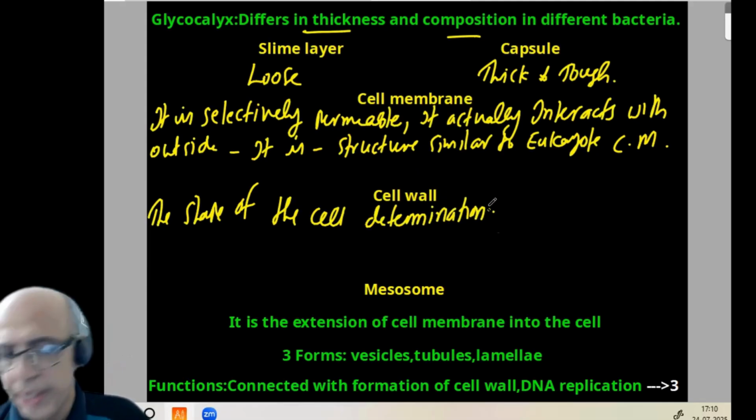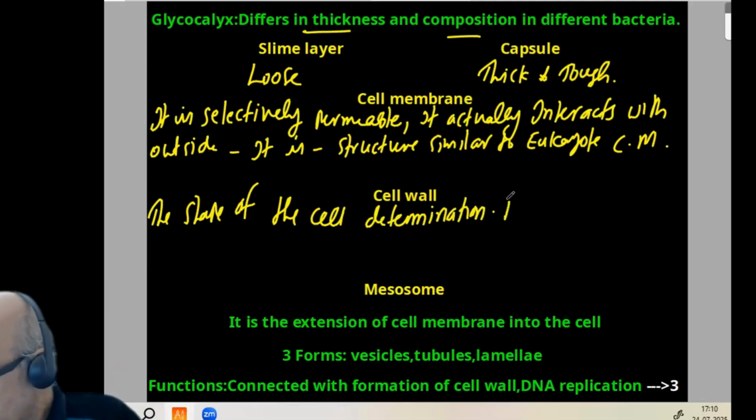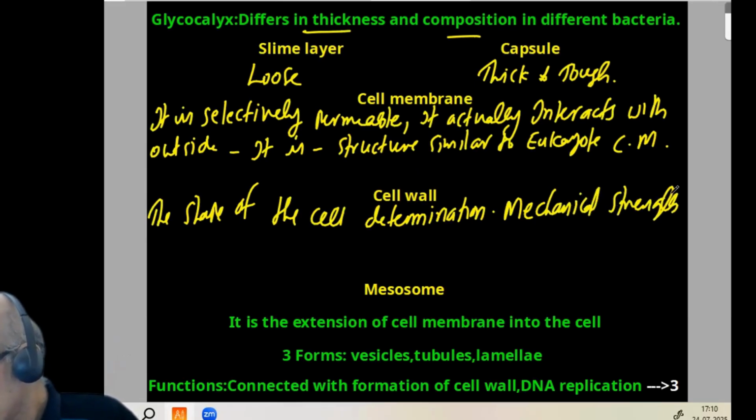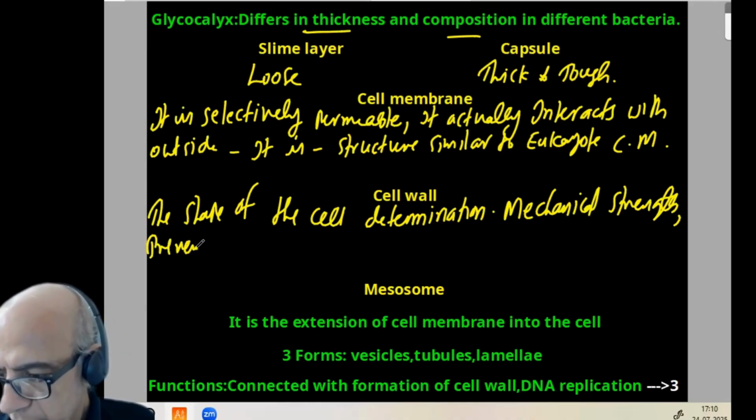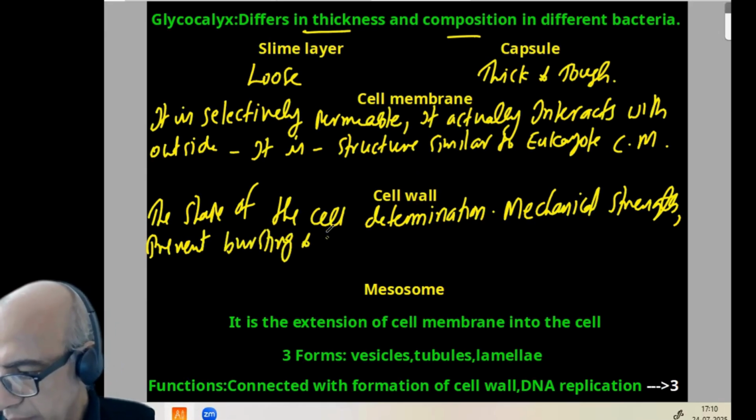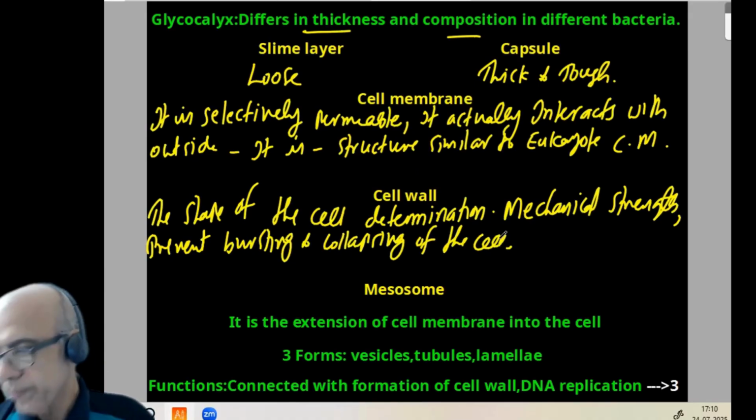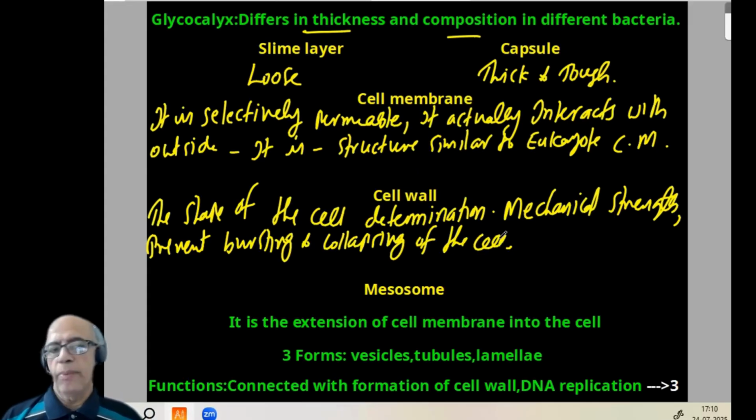It also provides mechanical strength, to prevent bursting and collapsing of the cell. So, glycocalyx, cell wall, cell membrane. Now next is mesosome. The layers, as I wrote them, were cell membrane, cell wall, but originally it is glycocalyx, cell wall, cell membrane. I think the idea is clear.